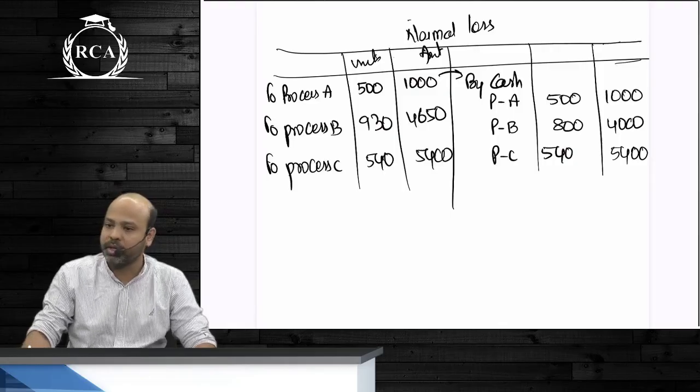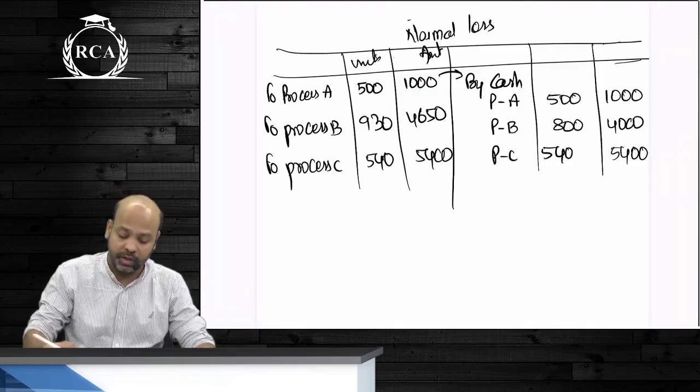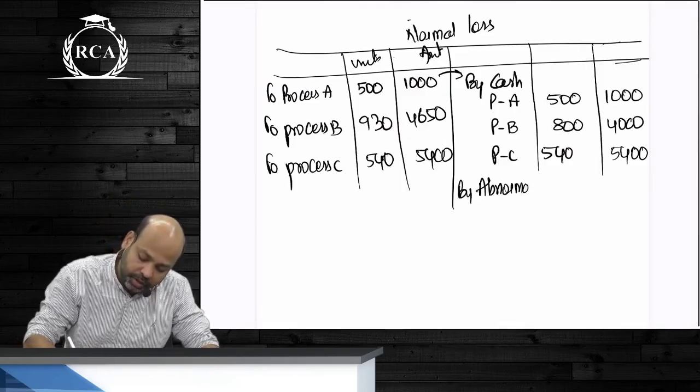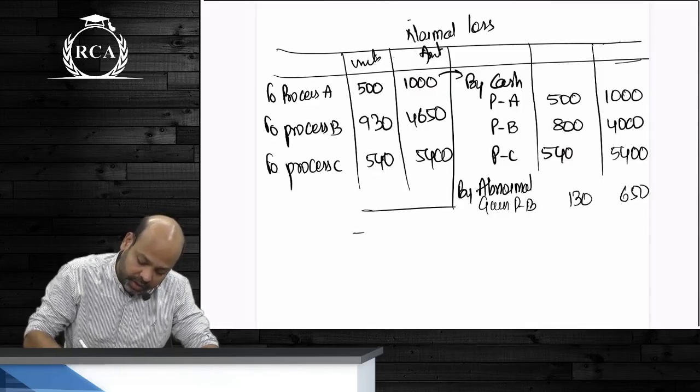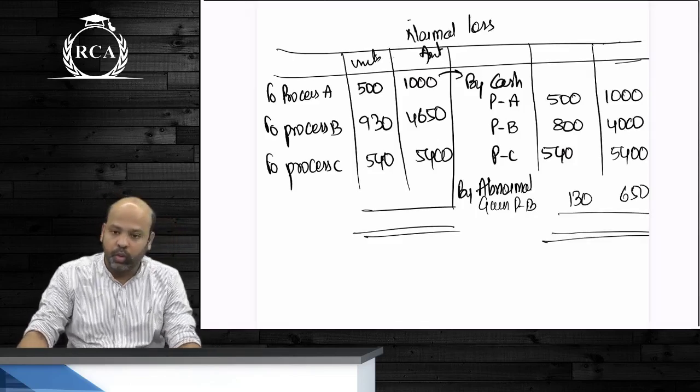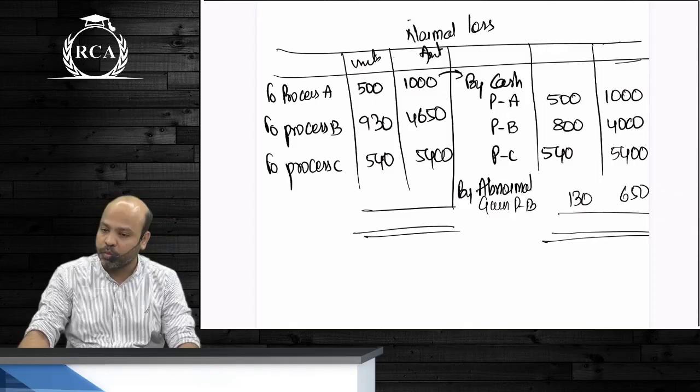There's an abnormal gain. That's the reason why we are not going to realize the entire scrap value. That will be transferred guys to abnormal gain account. This is against process B's units. How many units? 130 units, 5 rupees, 650 rupees. Are we clear, guys? 130 units valued at 5 rupees per unit, and that is 650 rupees.